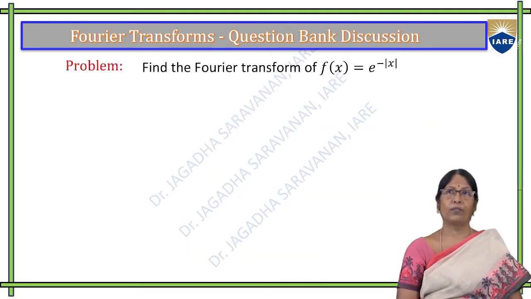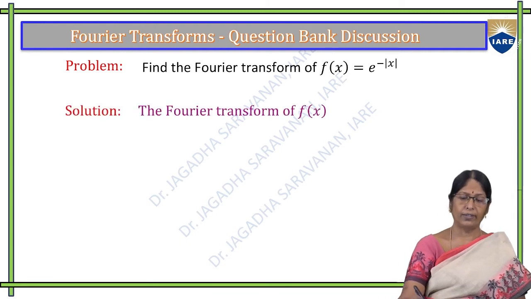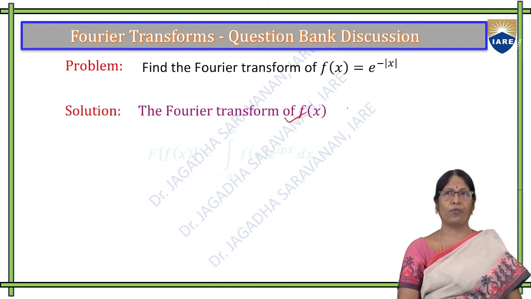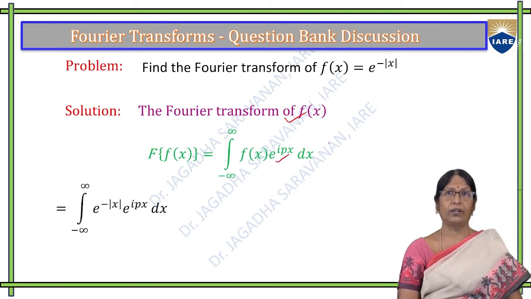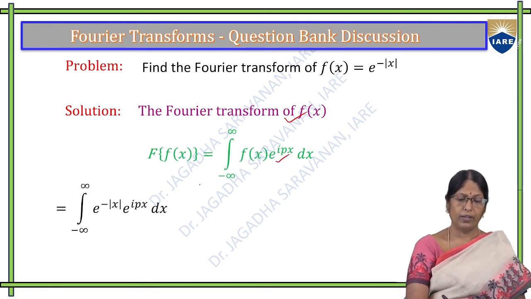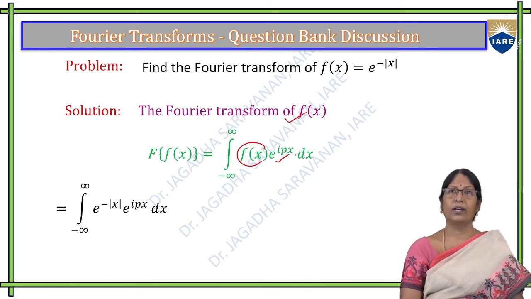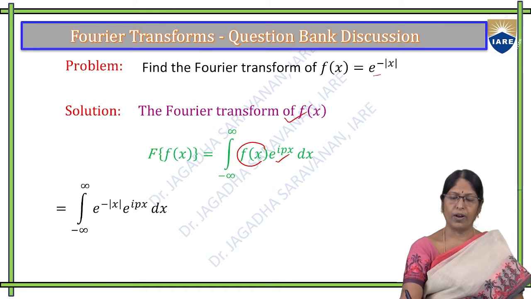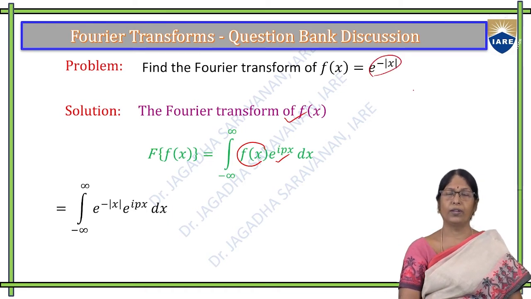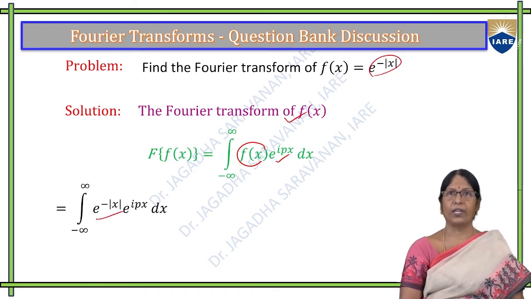So next one: find the Fourier transform of f of x equal to e power minus mod x. That is the Fourier transform of f of x. The formula we recalled, remember. And for this f of x, the limit conditions are not given, only the function is given in our question, and we just replaced it.